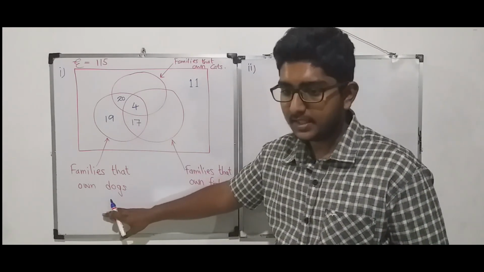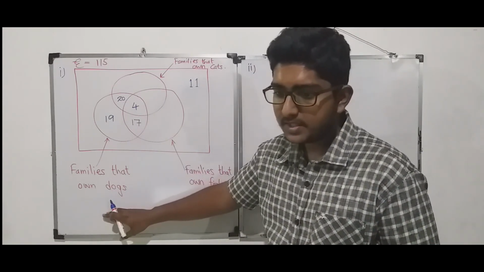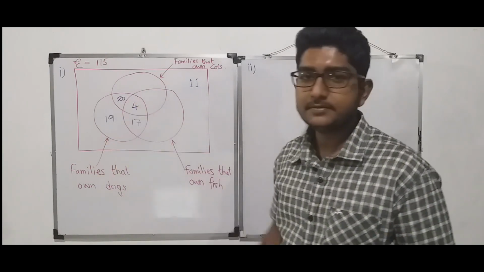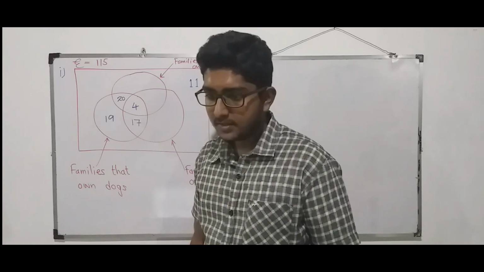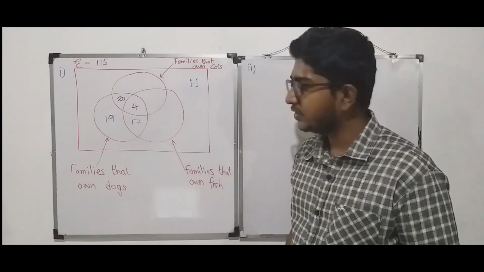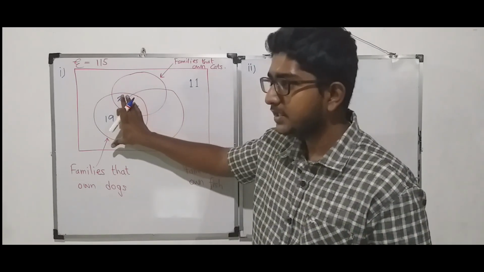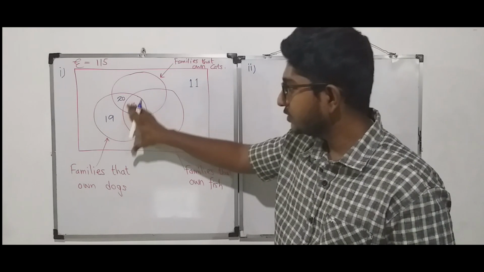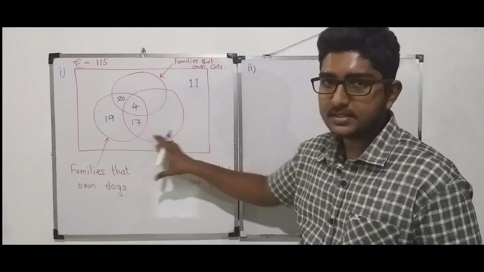So when they say number of families that own dogs, we have to consider all these 4 numbers. It is twice the number of families that own fish.